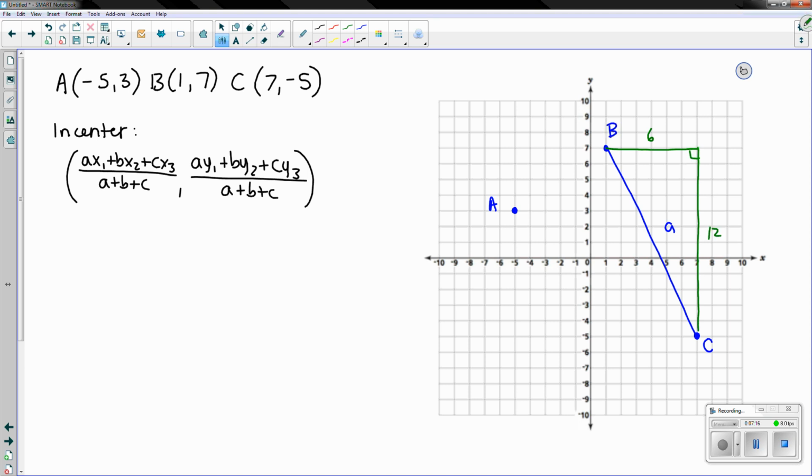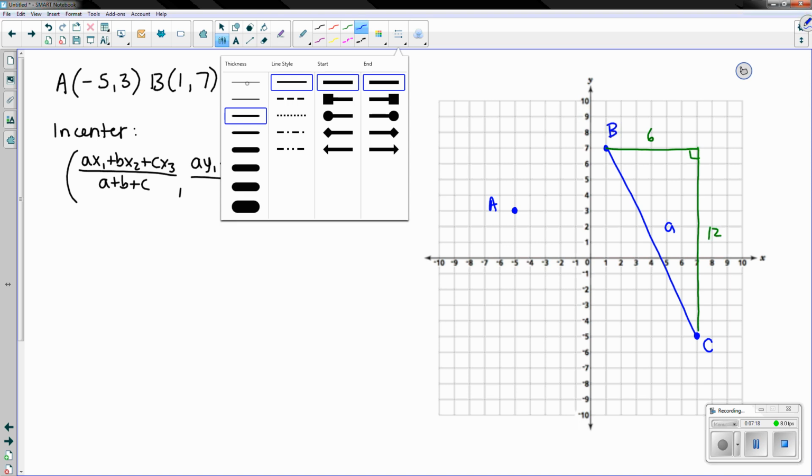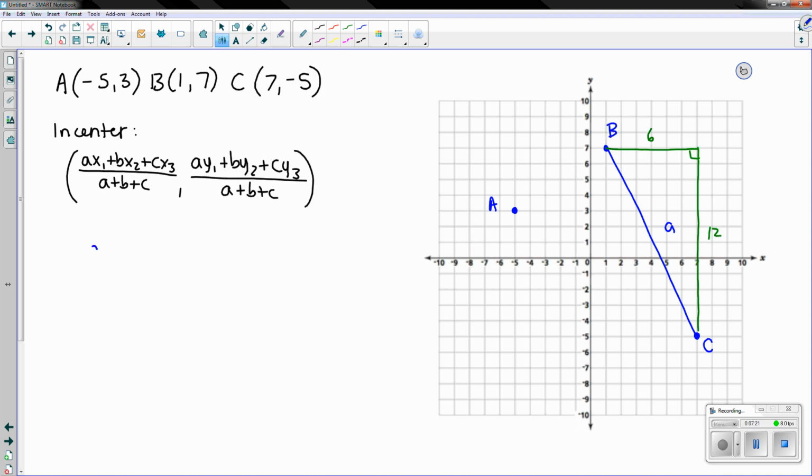So we know that side a squared is going to be equal to 6 squared plus 12 squared. So a squared is going to be 36 plus 144, so a squared is equal to 180. So a is equal to the square root of 180.